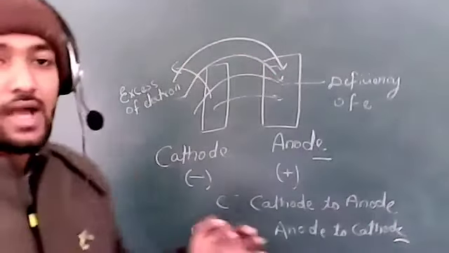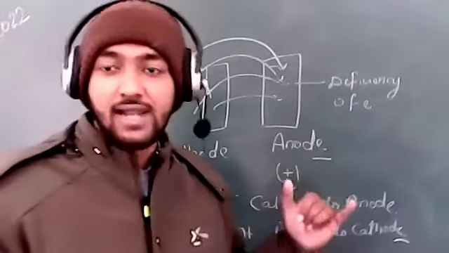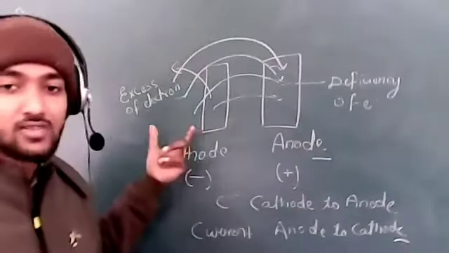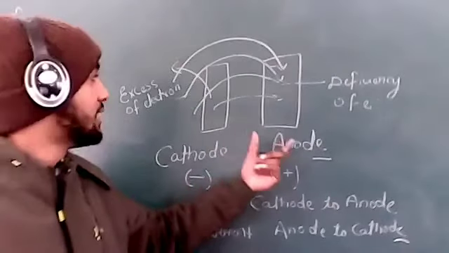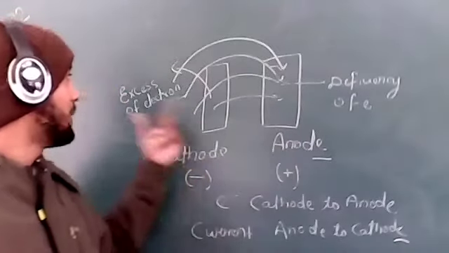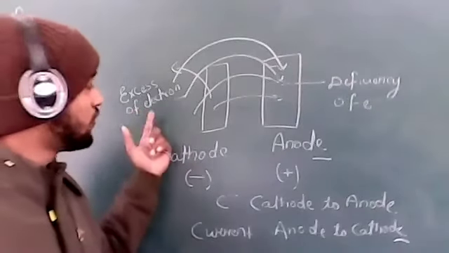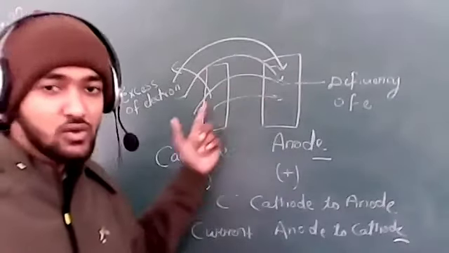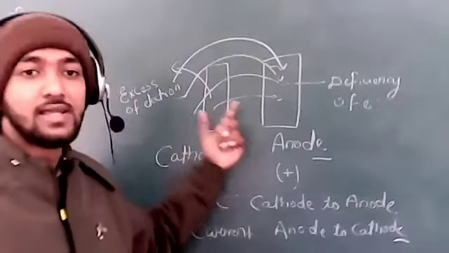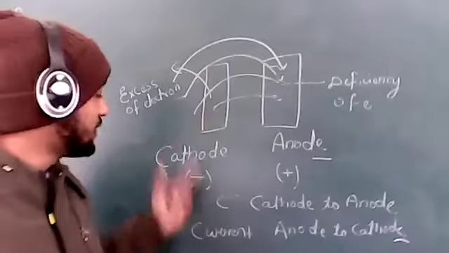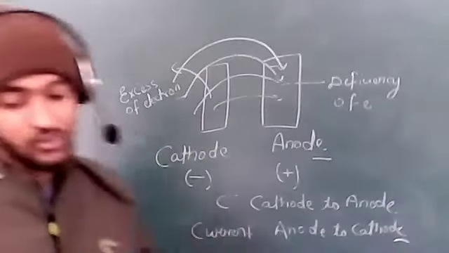So the first thing we have discussed in the electric cell, we have to remember there are two things, cathode and anode. Cathode has excess of electrons and anode has deficiency of electrons. The electrons transfer or flow from cathode to anode, and due to the flow of electrons, an electric current is generated, and the direction of electric current will be anode to cathode.